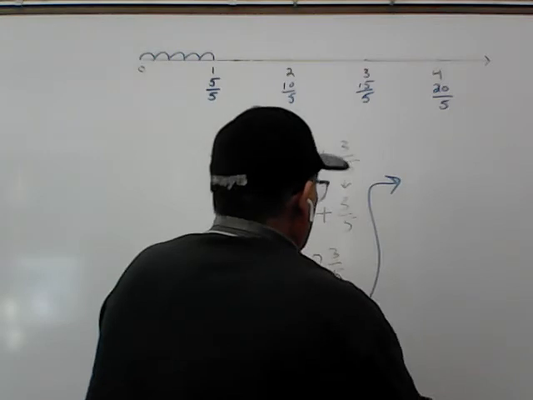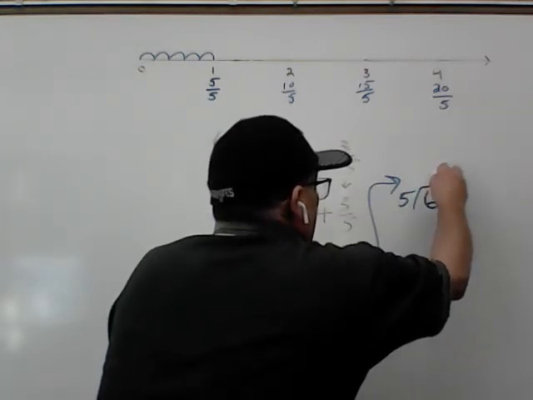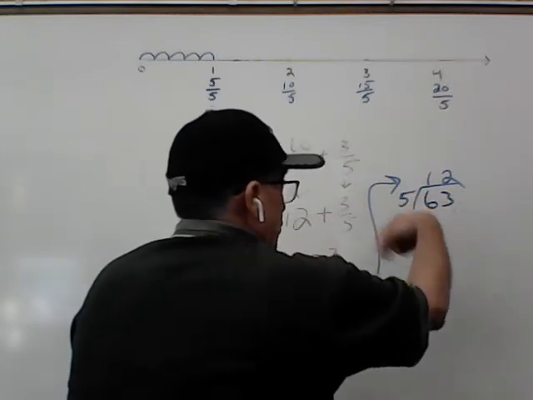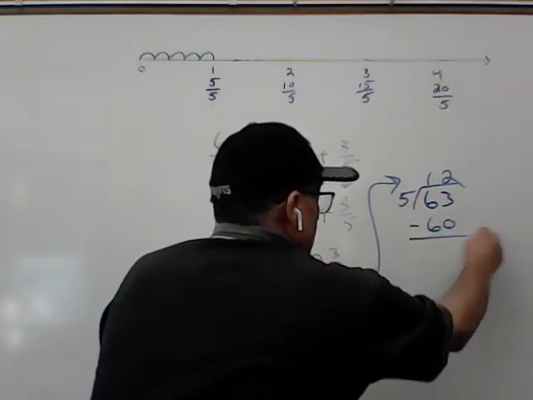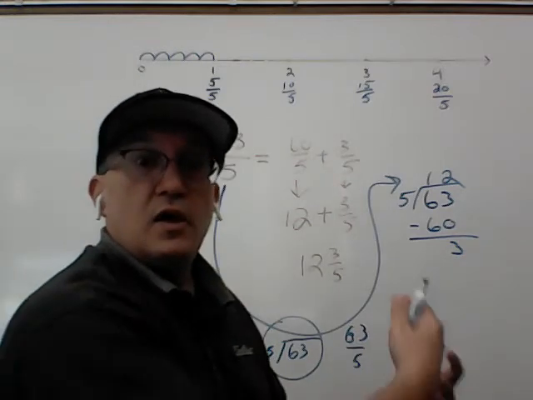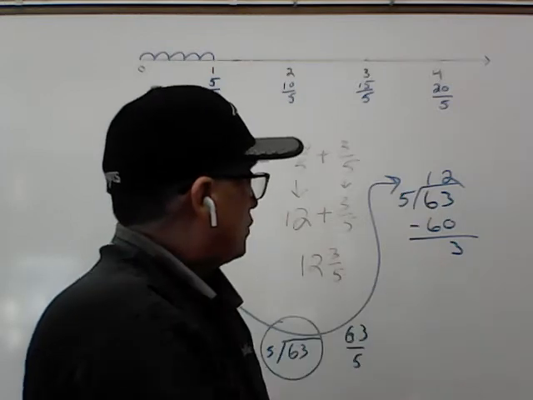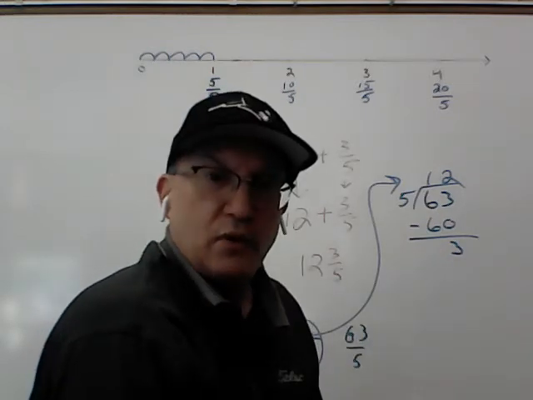Let's do this. 63 divided by 5, put a 12. 12 times 5 is 60. Now there's the same remainder. So in 3rd grade or 4th grade, if you could take that shortcut with the algorithm and just immediately write the 12 and remainder 3.